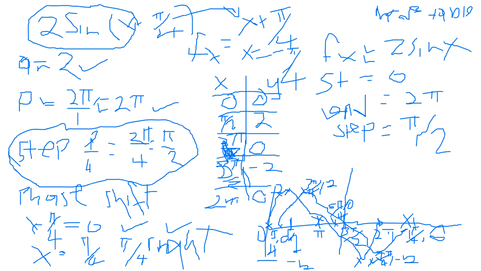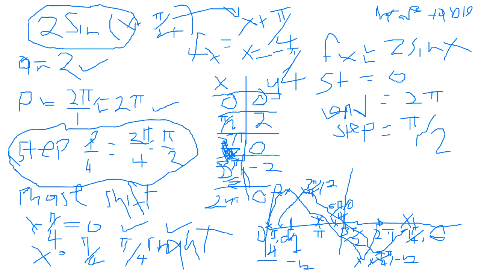So now what will happen is that you see here I have 0 because it was pi over 4 to the right. I add pi over 4 to every x to shift it to the right. So here it was 0, 0 plus pi over 4, I'll get pi over 4 here. This point was pi over 2.